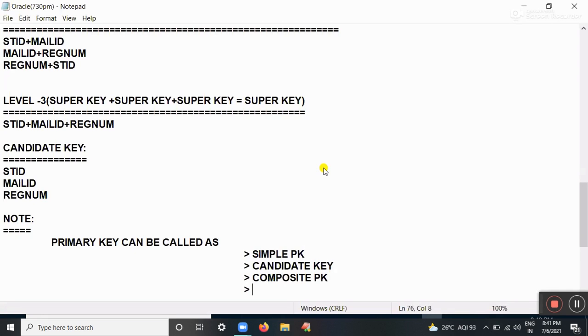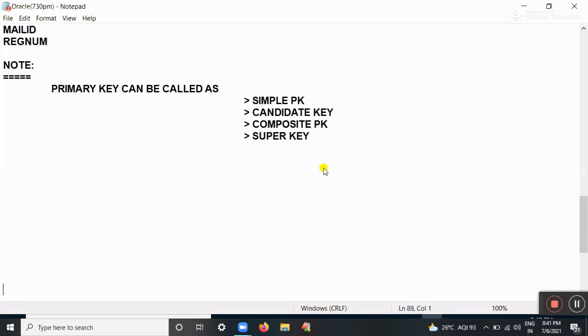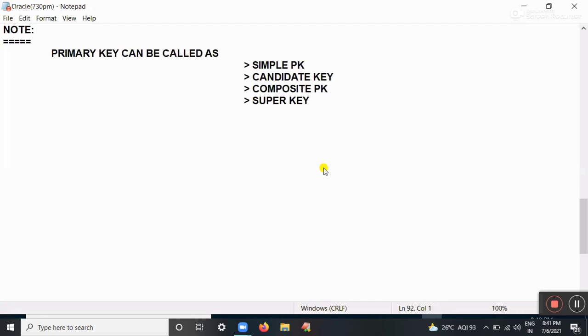Primary key has different names. So these all come under candidate key, simple key, and super key when we apply a primary key on a single column.